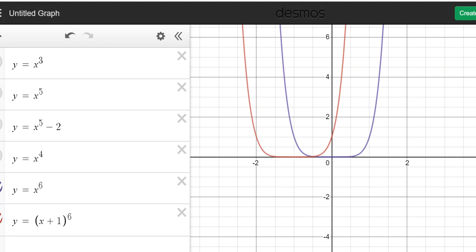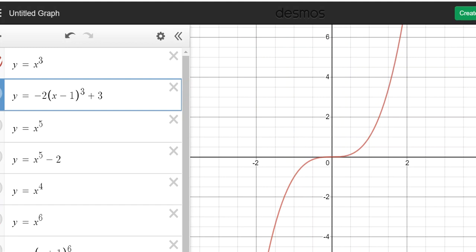So I'm going to get rid of that for a second, the red one. So there's the purple, the original parent graph. And here we have another one. So it's a horizontal shift to the left because it's opposite of the parentheses. Very similar to the phase shifts that we saw with all those trig functions and parabolas that we saw before.